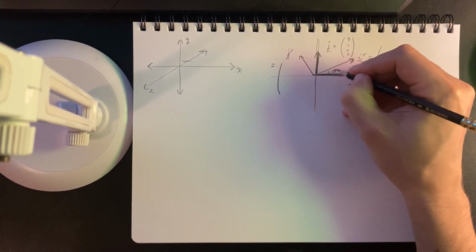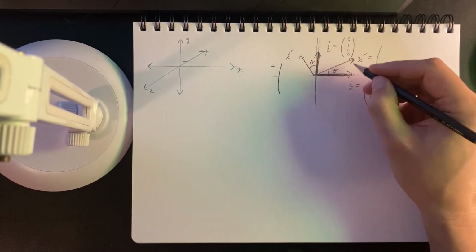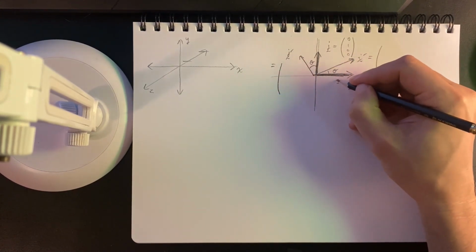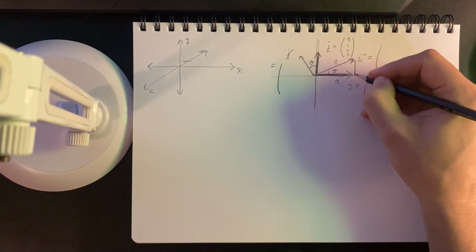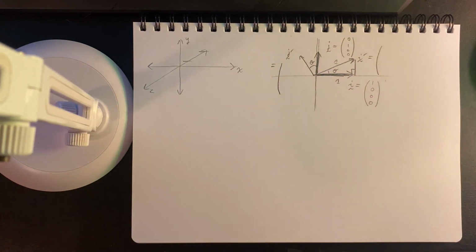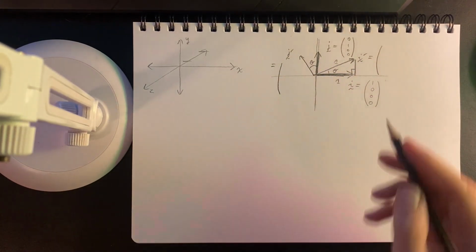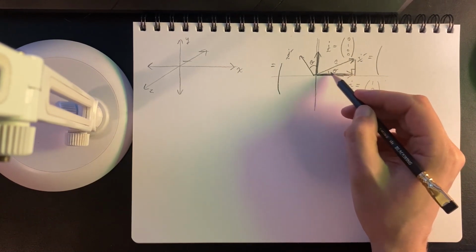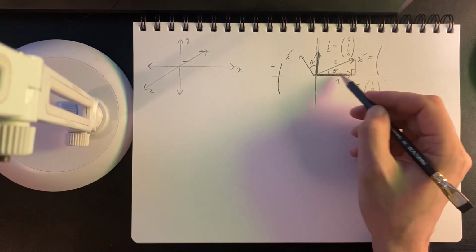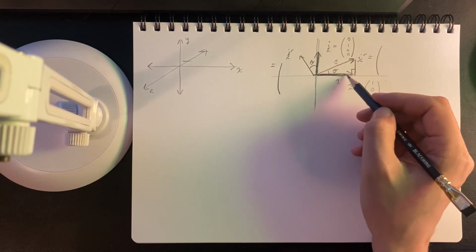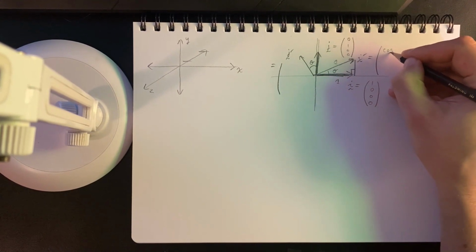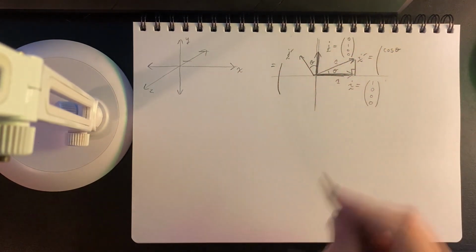Okay, so rotating by an angle of theta. We need to work out what the components of I hat are. Remember, this has a radius of 1, and so we can form that into a right angled triangle. With an angle of theta, the horizontal component is the adjacent side of the right angled triangle, so that's 1 times cosine theta for the x.